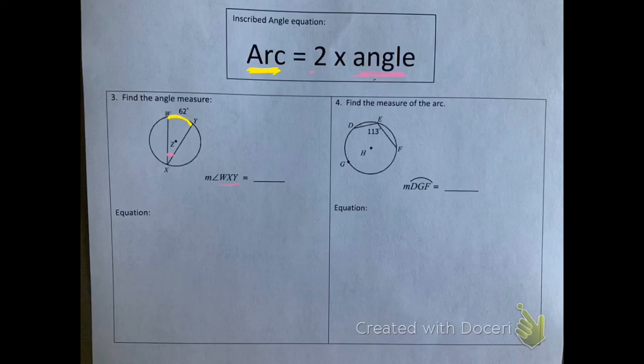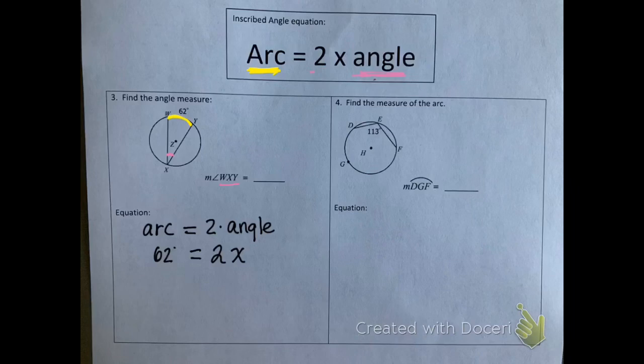We're trying to find WXY. So I'm going to write that equation. The arc is always 2 times the angle. So in this picture, the arc is 62 degrees, right? And that's always double the angle, which we're trying to find. So I'll just call that X.